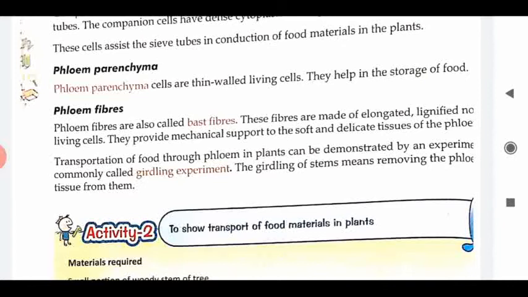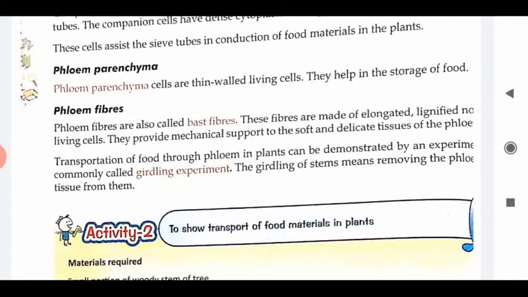These fibers are made of elongated, lignified, non-living cells. They provide mechanical support to the soft and delicate tissue of phloem. Due to the non-living condition, they are quite hard, so they provide mechanical support to all the delicate, soft tissue of phloem.